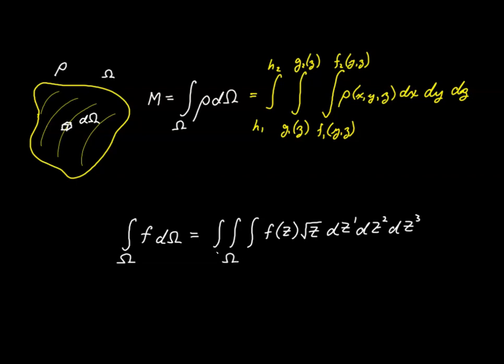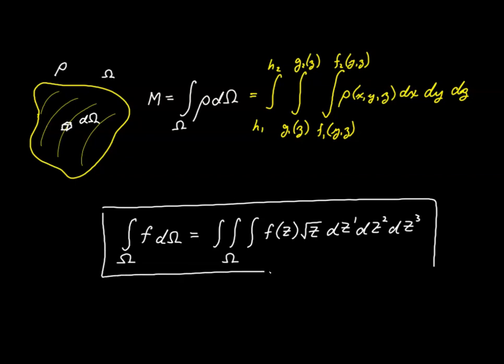Which means, of course, we have to choose the appropriate limits for each of these three integrals to represent the boundaries of our physical domain as they relate to our particular coordinate system of choice. Okay, so what we have here then is the invariant expression we need to evaluate a physical integral.